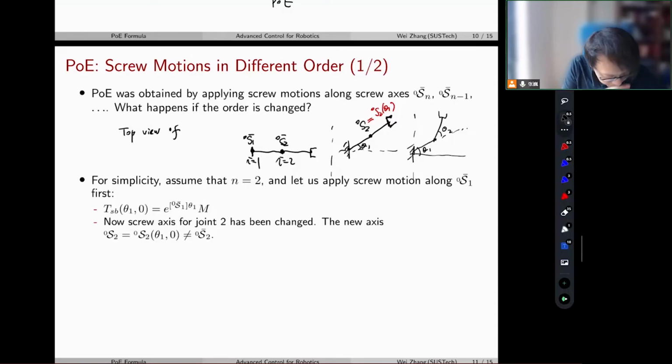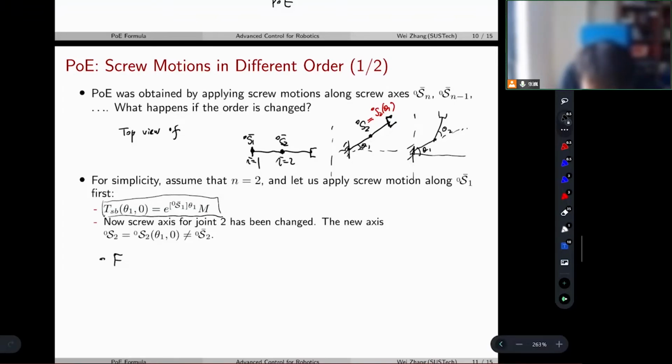So first of all, after the first rotation, my screw axis, as I mentioned before, changes. Now I assume everyone is fine with this.